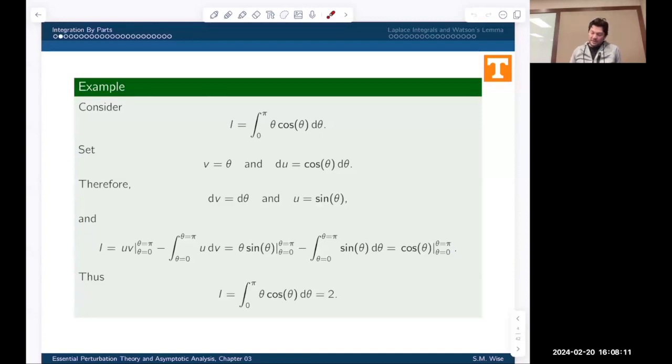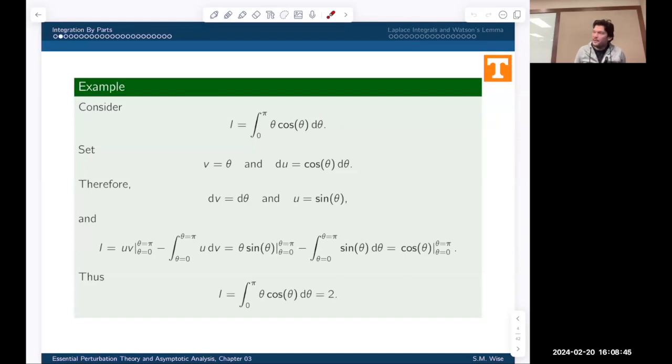So I'm going to think about this integral as being v times du, and identify what v and du are. I want v to be theta and du to be everything else. Now I'm going to differentiate v, so I just get dv d theta equals 1.